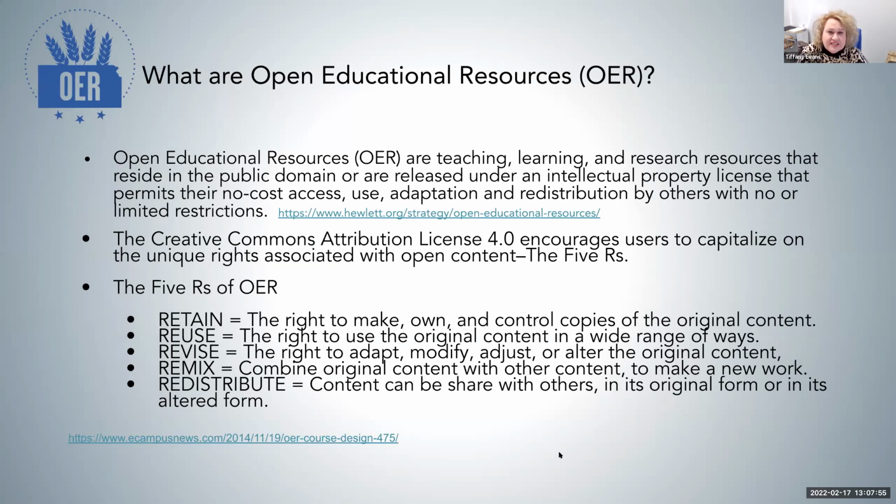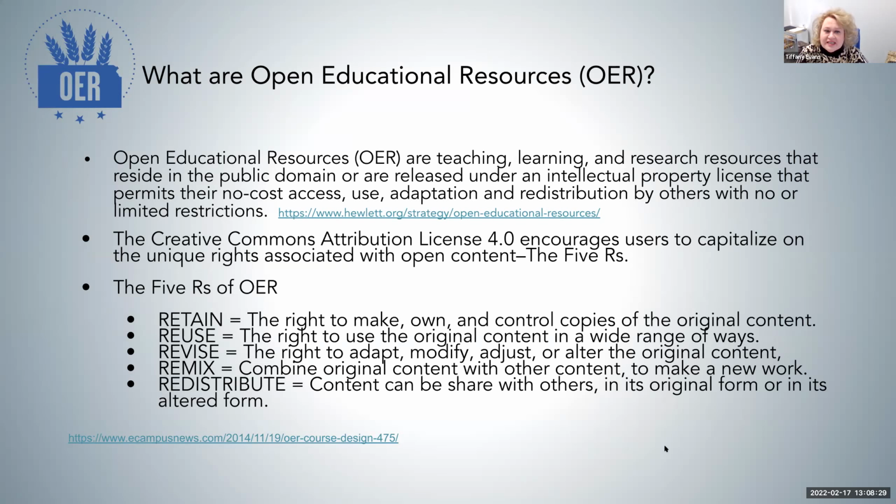So what exactly is OER? These are the teaching, learning, and research resources that are in the public domain or are released under an intellectual property license that permits no-cost access, use, adaptation, and redistribution. And those things that I just talked about, no cost, the use, the adaptation, really run into the 5 R's. I'm not going to go through them all because basically one can see them.